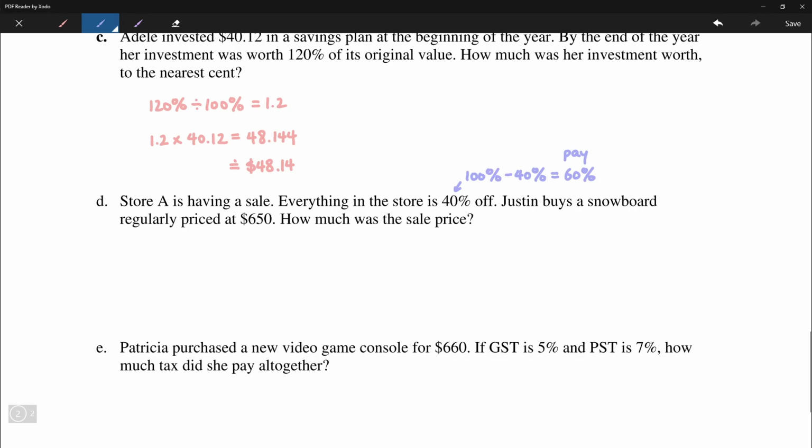So we're going to take 60% divided by 100%, so we get 0.6. And then we simply take 0.6 and multiply by 650, which is the original price of the snowboard. And that will give us $390.